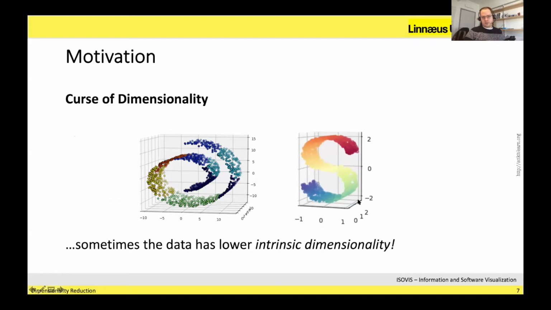They're 3D, as you can see, there are 3 axes here. However, if you look at them, you realize that these are just rolled up structures. This is a rolled up structure, like a plane, like a piece of paper that you rolled up, and this is also like a piece of paper that you twist into an S.